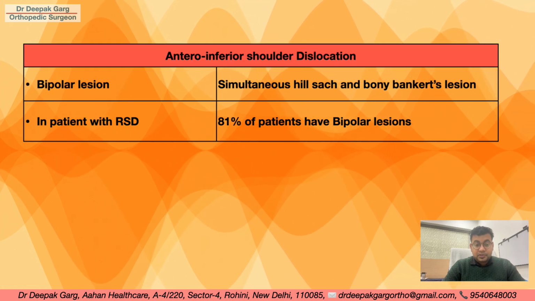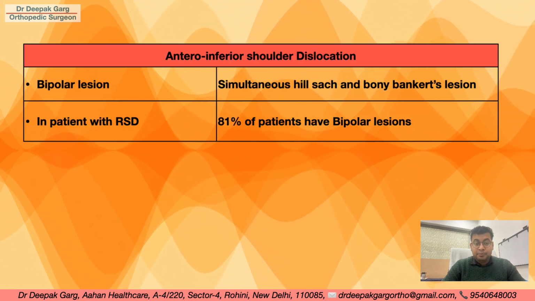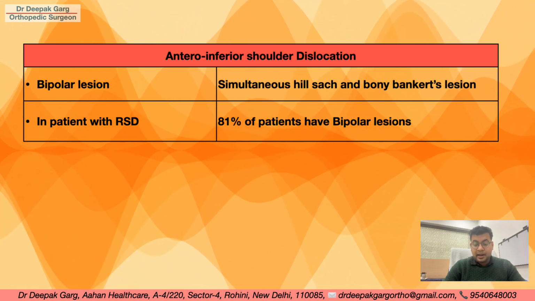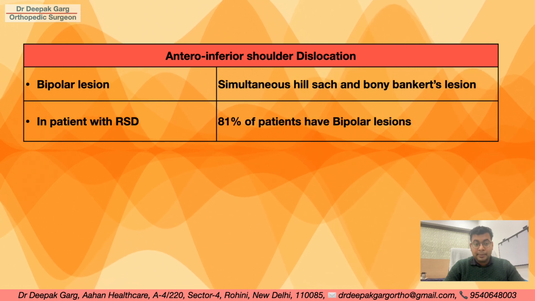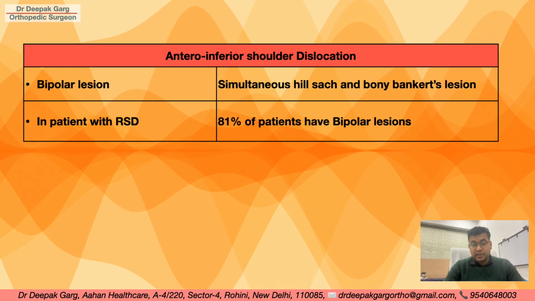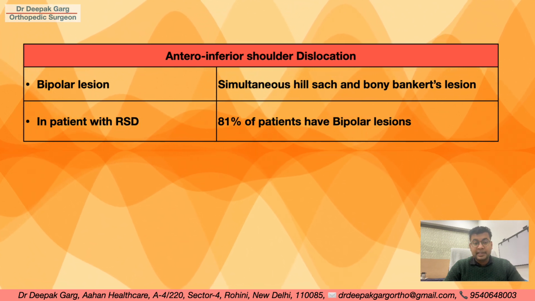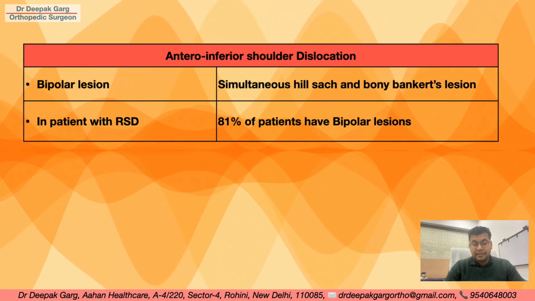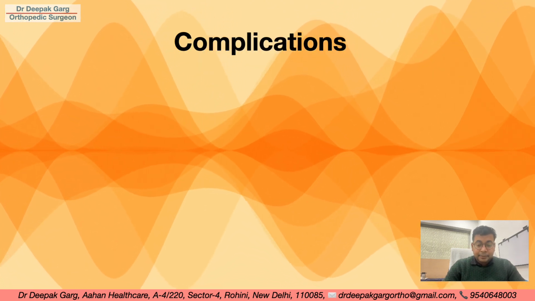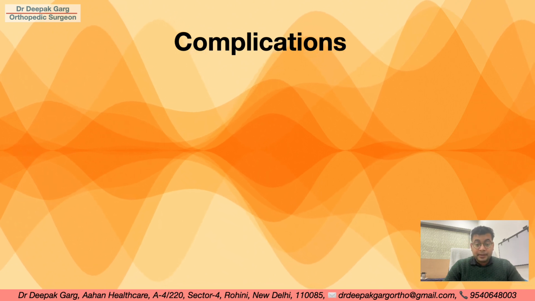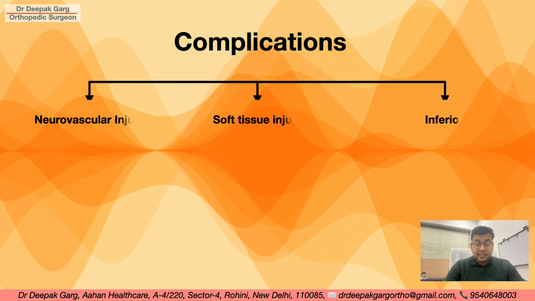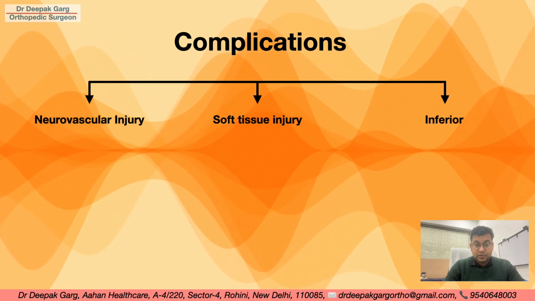If a patient has both the Hill-Sachs lesion and the Bankart lesion, this is called a bipolar lesion. In a patient with recurrent shoulder dislocation, there are approximately 81% chances of having bipolar lesions. A patient presenting with a shoulder dislocation, whether the first time or recurrent, can have neurovascular injuries or soft tissue injuries.